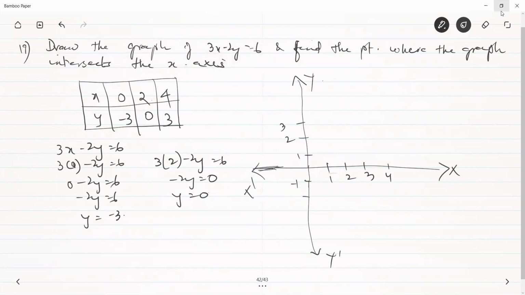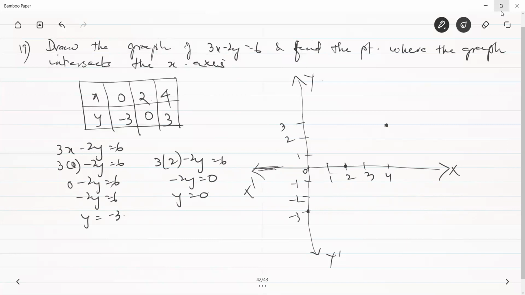Minus 1, minus 2, and minus 3. Okay. Now this is 0, the point of origin. When x is 0, you get y as minus 3. So the point will be here. And when x is 2, y is 0. So the point will be here. And when x is 4, y is 3. So it will be somewhere here.